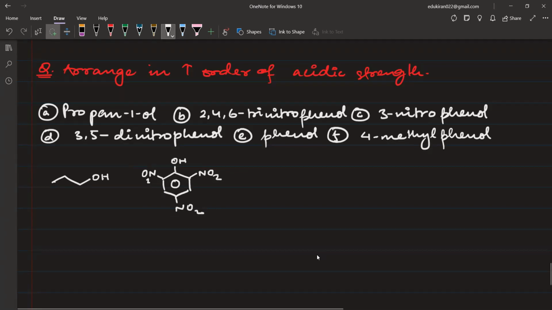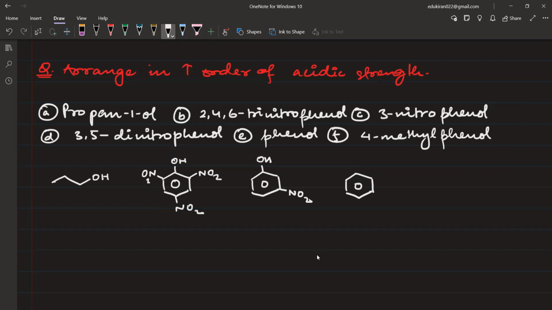Okay, then we have 3-nitrophenol. 3-nitrophenol will be what? OH, and at meta position there will be a nitro group. 3,5, we have two nitro groups in the meta position. Then we have phenol, and then we have 4-methyl phenol.